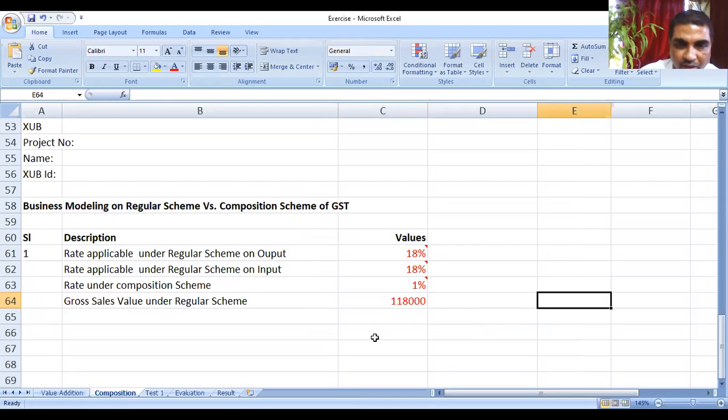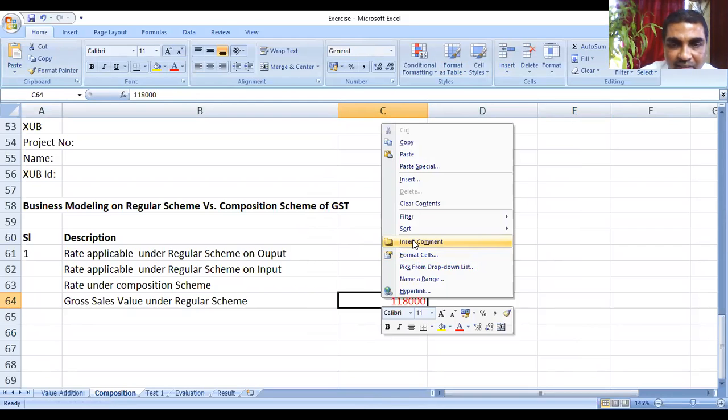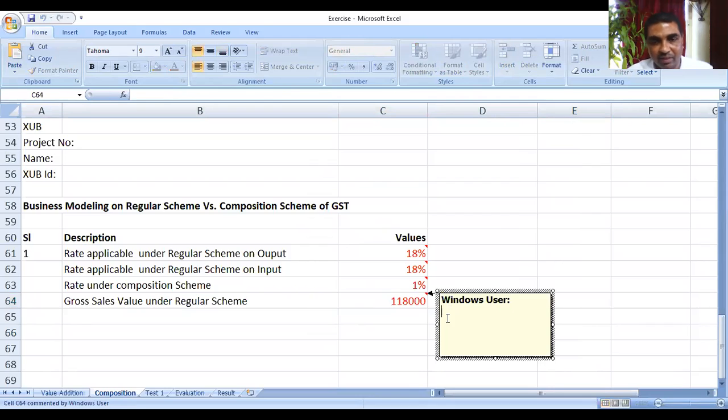Yes, sir. Here we can give a note also. What is the note? When someone fills up this data, he should also know. I will insert a comment here. Right click, insert comment. Or here we will give the comment.